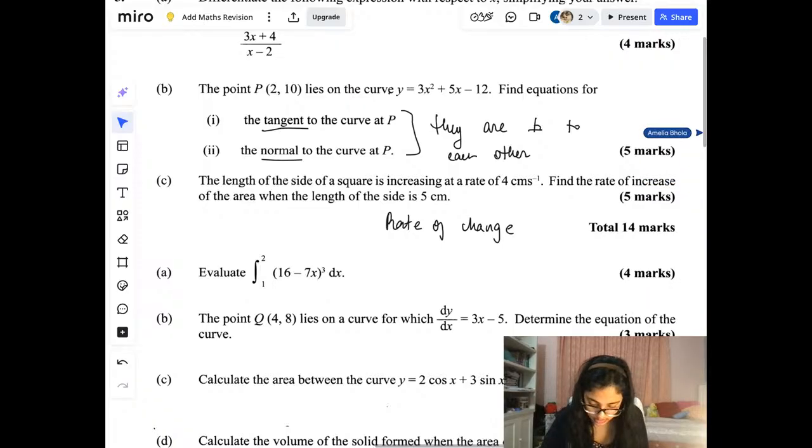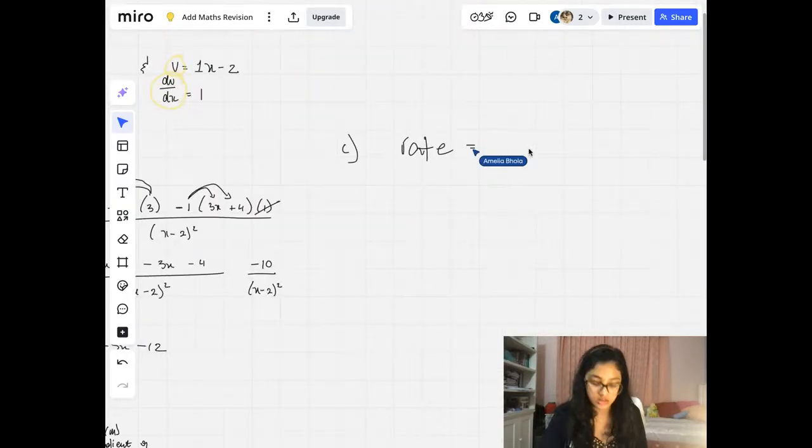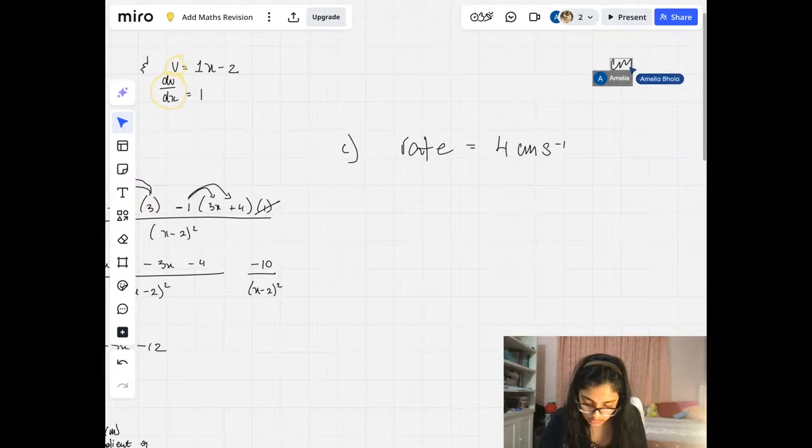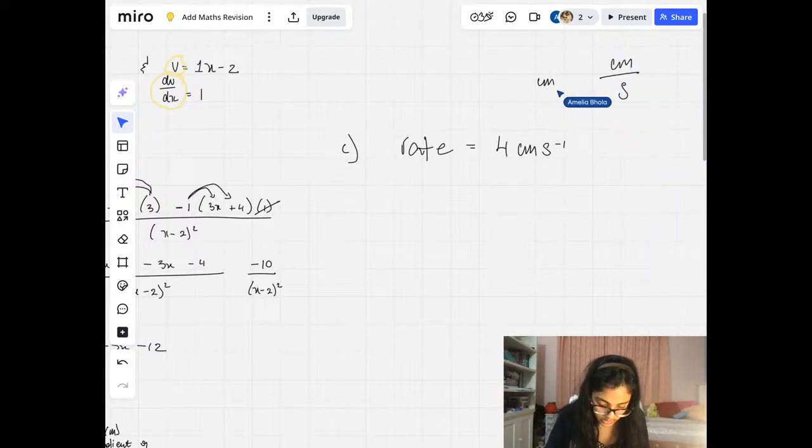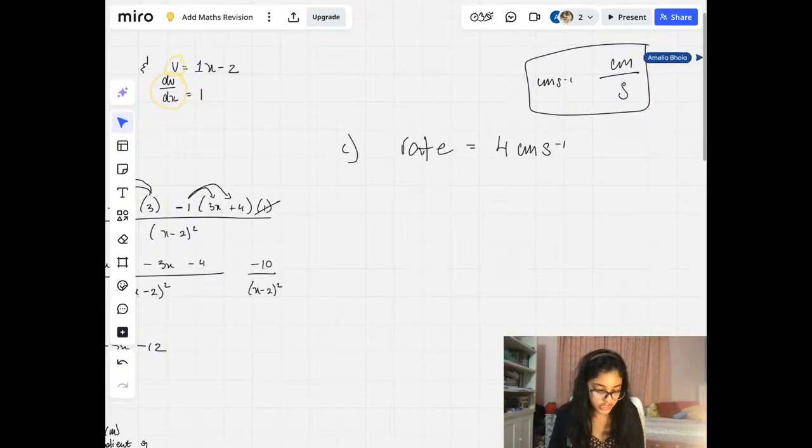So the rate, this is 4 centimeters per second. Centimeters per second really means cm s minus 1. Right, so it's basically the same thing, just throw it in the denominator.